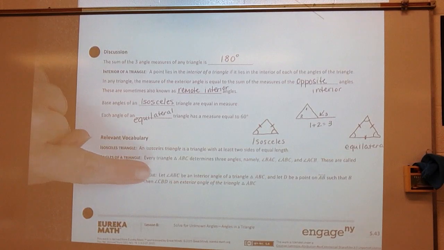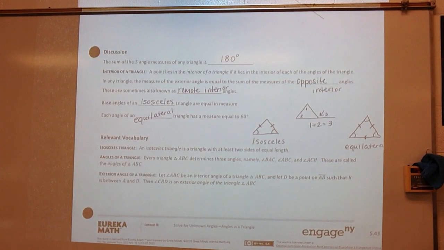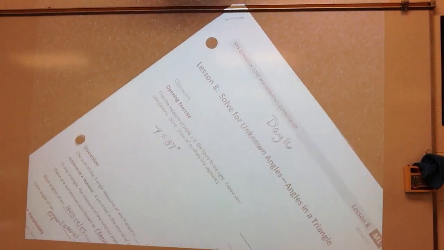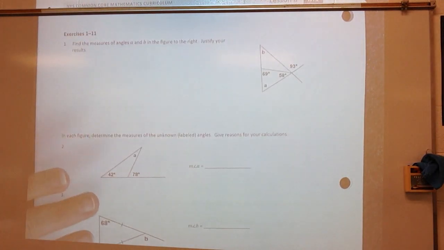The exterior angles of a triangle: I showed you how to draw exterior angles and how to find the measure. All right, so using all of this information that we just talked about, we're going to look at some examples and figure out some of this stuff.